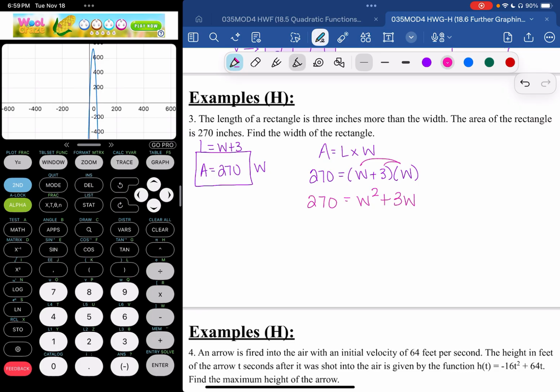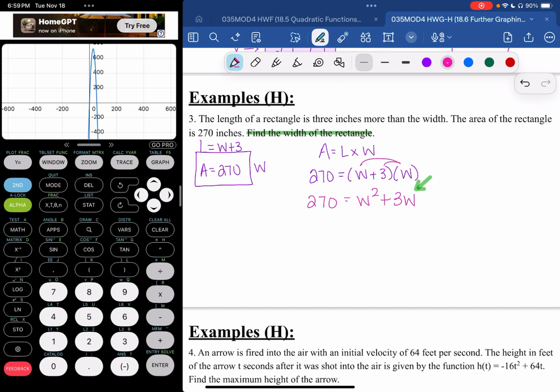And what it's asking me to find, it says find the width of the rectangle. So I'm just trying to find W.